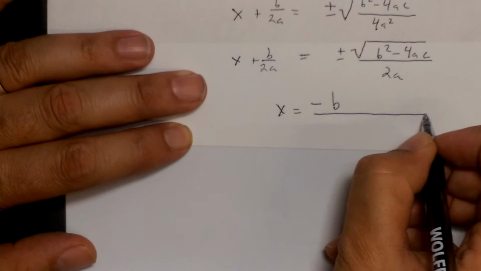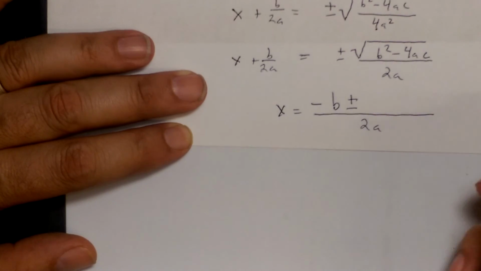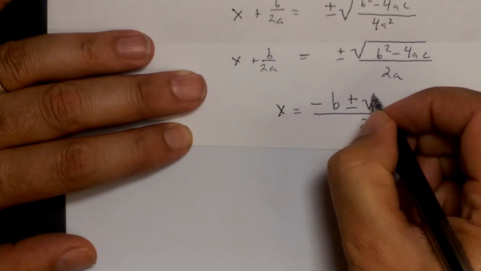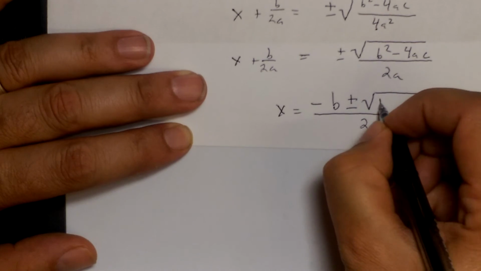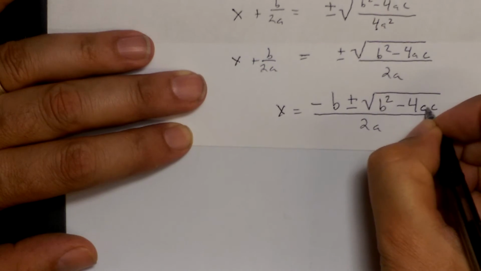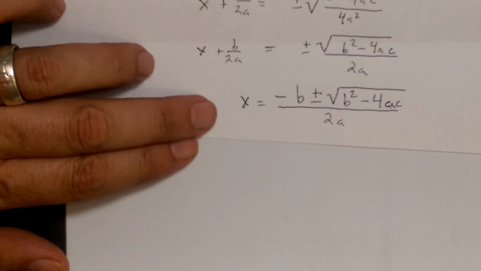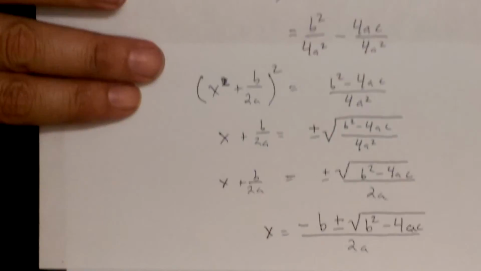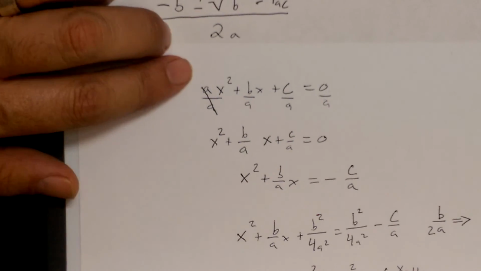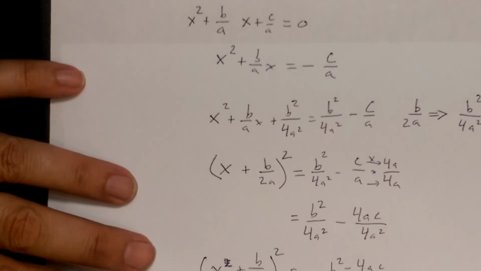We have a common denominator already, plus or minus the square root of b squared minus 4ac. And that's it. We've derived the quadratic formula from the standard form for a quadratic equation using completing the square.